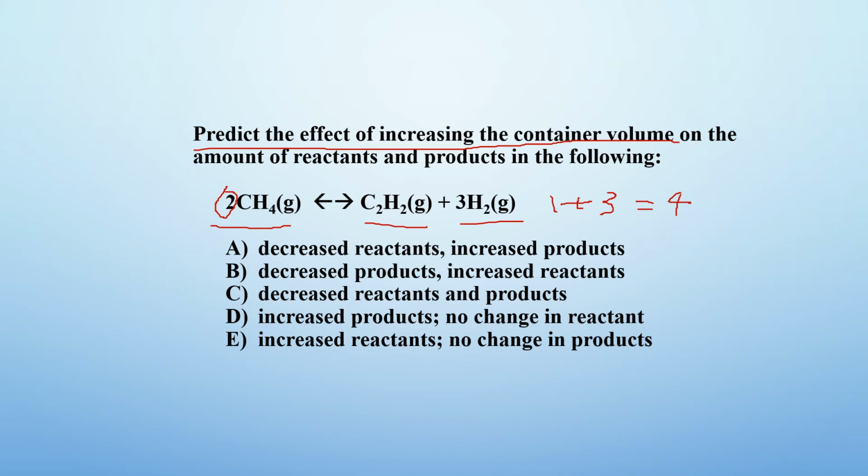Because we have a higher number of coefficients on the right hand side, increasing volume means that the reaction is going to be shifted to the right hand side, to the side with more gas molecules. So the concentration of the reactants is going to decrease, and the concentration of the products is going to increase. So the correct answer is A.